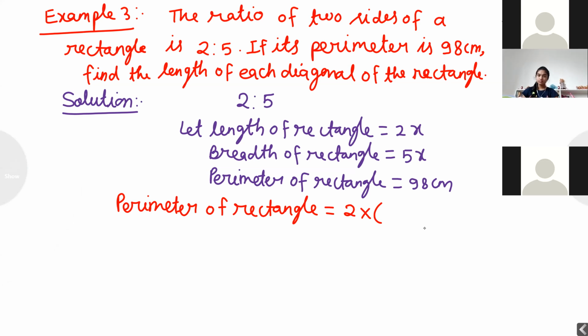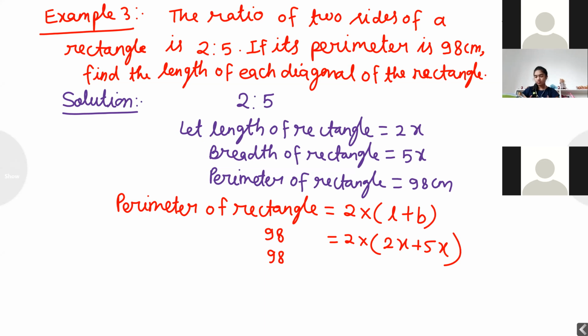Length. What is B? Breadth, width. Perimeter of rectangle he has already given, 98 centimeter. 98 is equal to 2 into length I have assumed 2x, width is 5x. Now 98 is equal to 2 into, means multiplication quantity becomes division.